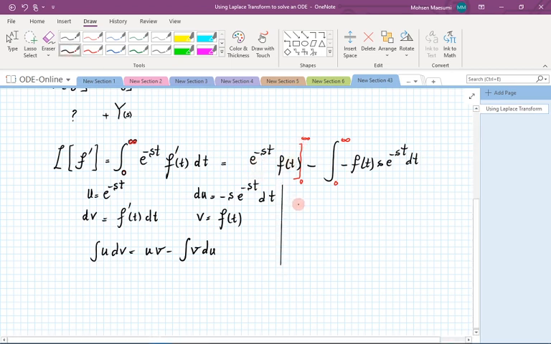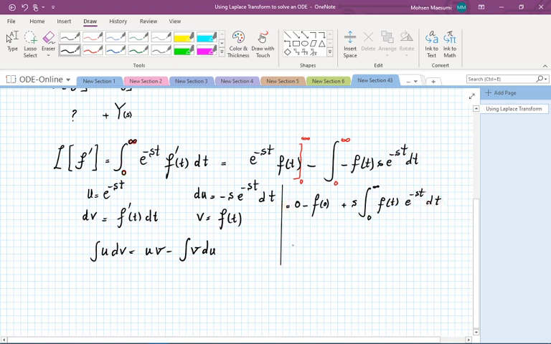So that's what we are going to assume here too, 0. At 0, this is 1 and this is f of 0. Minus and minus cancel each other. s is a factor, can be taken outside, and now I have the integral from 0 to infinity of f of t exponential of minus st dt.